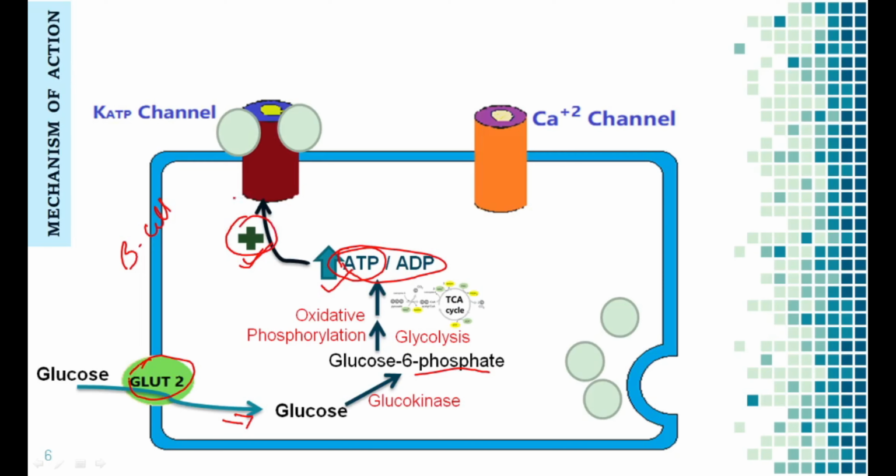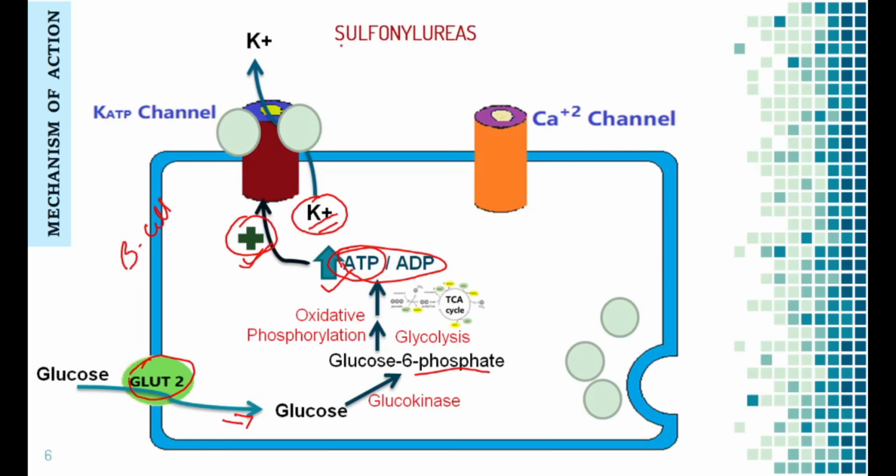Whenever the K-ATP channel is triggered, the potassium ion, which is a positively charged ion, will go outside, because in the resting membrane potential of any cell the potassium level is higher inside the cell than outside. So through the potassium channel it goes outside, as we have shown here.